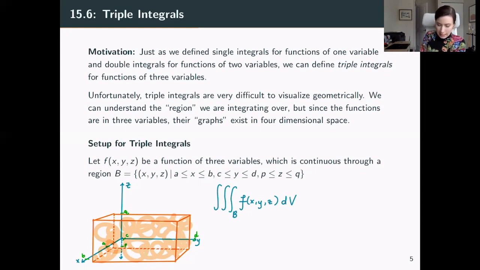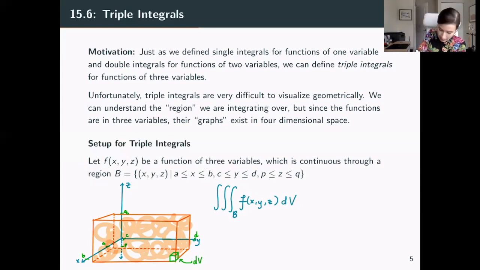If we go ahead and zoom into the bottom corner of our volume here, I can see that this big volume is being made up of smaller, tiny volumes. So this is what I'm going to call my tiny volume, dV.